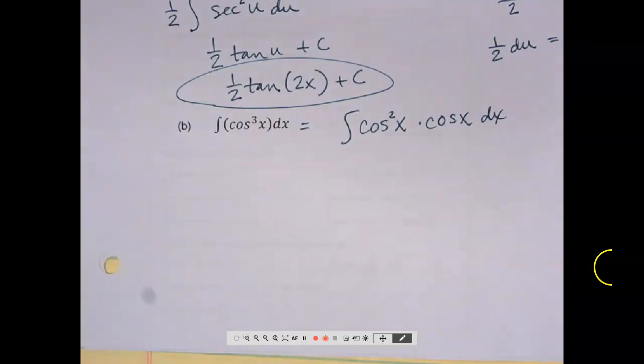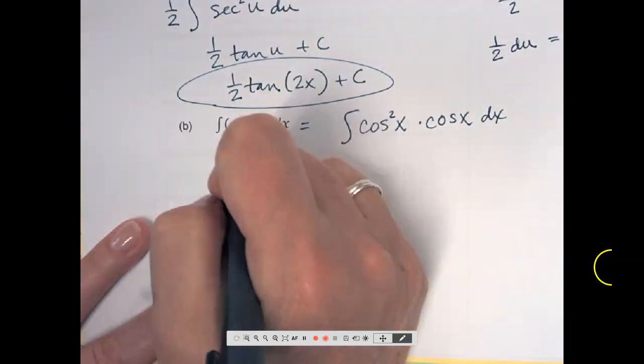Next I'm going to replace cosine squared with a trig identity. Remember that identity? Sine squared plus cosine squared is 1. So I could replace cosine squared with 1 minus sine squared.